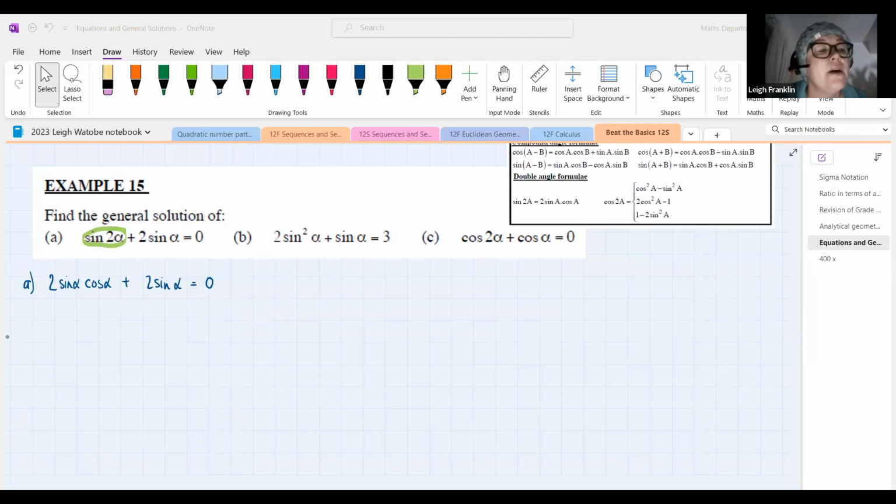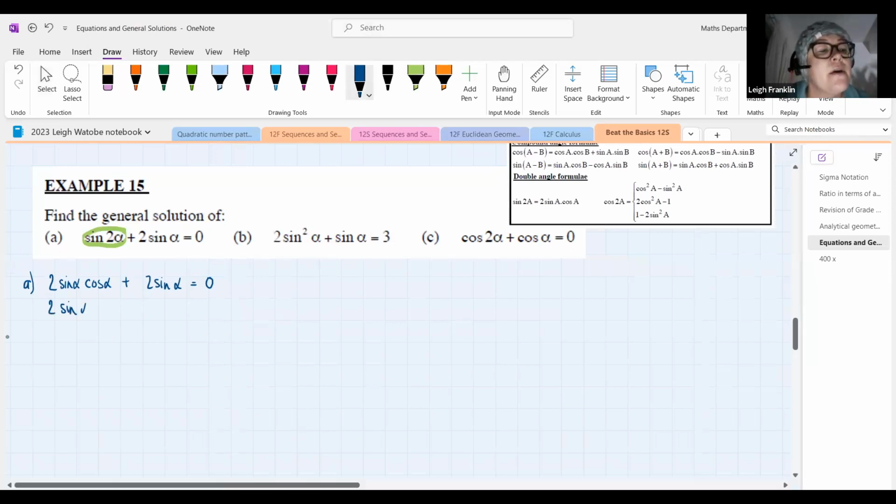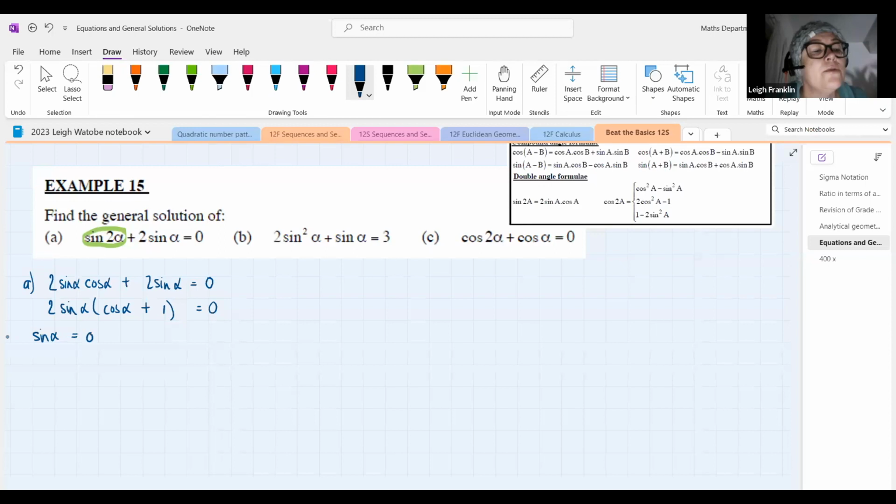So we could take out 2 sine alpha. That would leave us with cos alpha plus 1 equals 0. Okay, so there would be two possible solutions here. Either sine alpha would be equal to 0, or cos alpha would be equal to -1. And then you would need to do a general solution based on both of those.